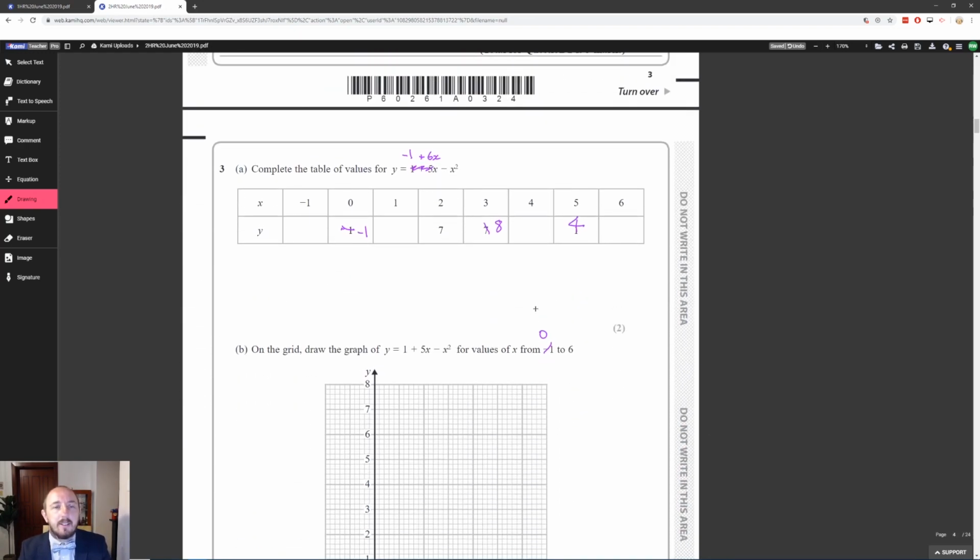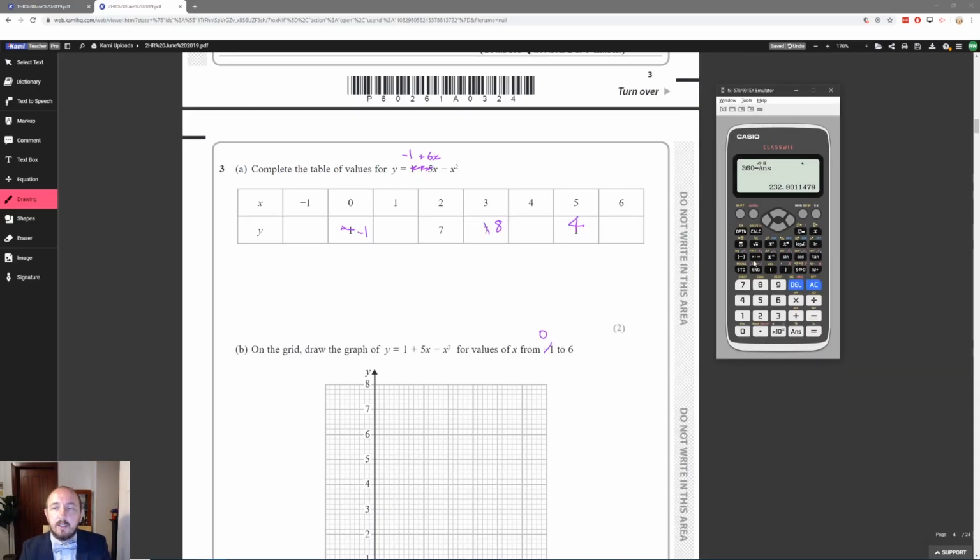Table of values, -1 plus 6x minus x squared. So we could use our table function for this, menu number 9, and we have -1 plus 6x minus x squared. And we want that to go from -1 to 6 and going up in ones, so step up in ones.